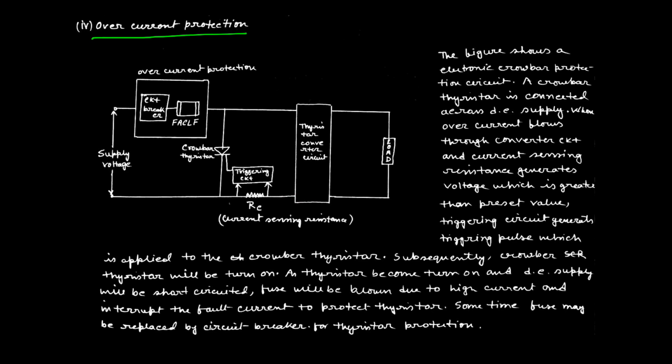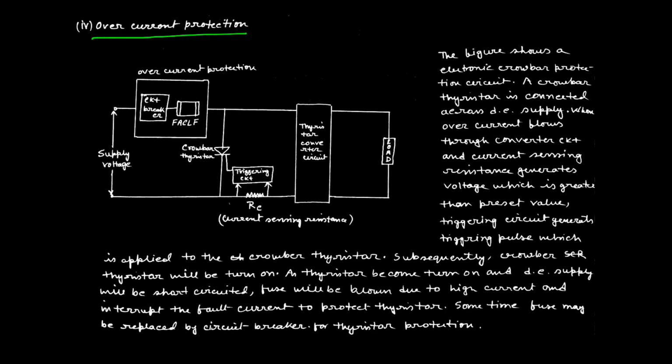After some time, we can easily replace the fuse and circuit breaker. Then the total converter circuit can again be connected to the supply without any problem. In this way, this crowbar circuit and the current sensing resistance are both quite capable of protecting the total converter circuit from the overcurrent which is created under any circumstances from the supply.